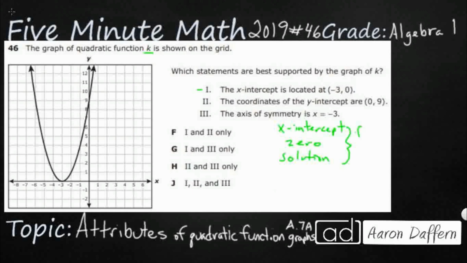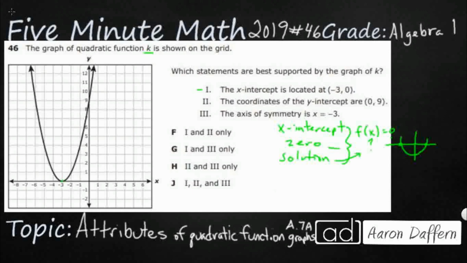When f of x equals 0, we're looking for what that x value is. That's why we call it the solution, or sometimes the 0, because the y value is going to be 0, but really it's just where your parabola intercepts the x-axis. Most have two x-intercepts, so let's see where this one has one.